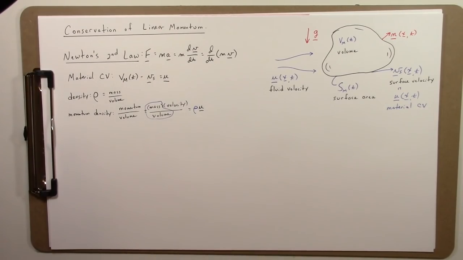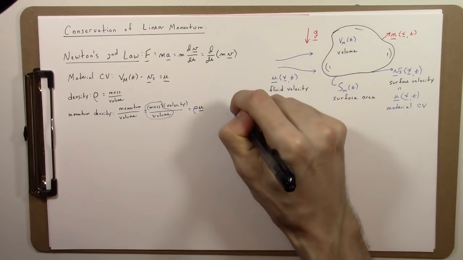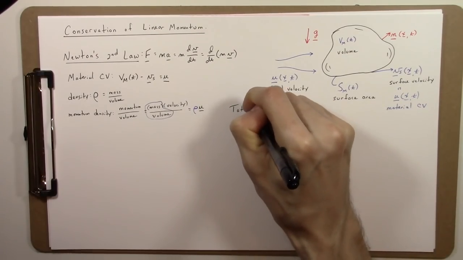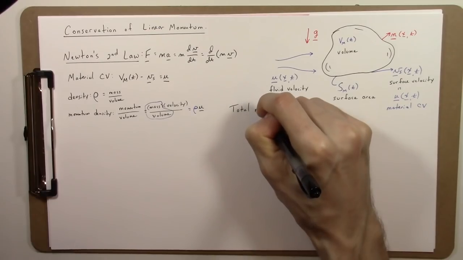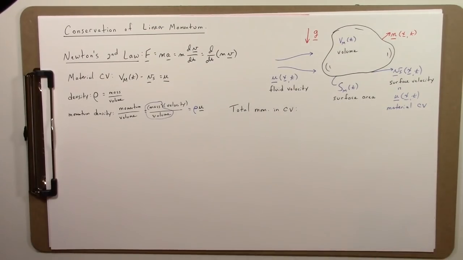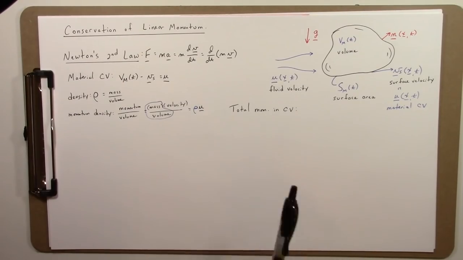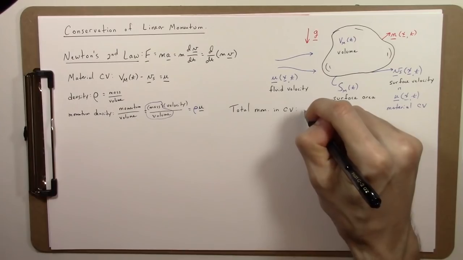And then the total amount of momentum in the control volume is simply the integral of the momentum density over the control volume.